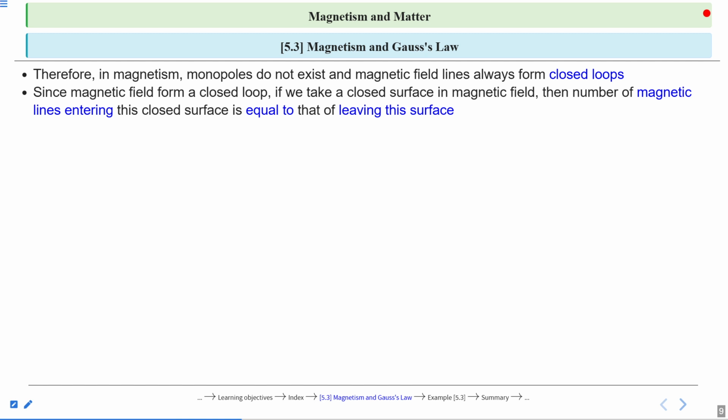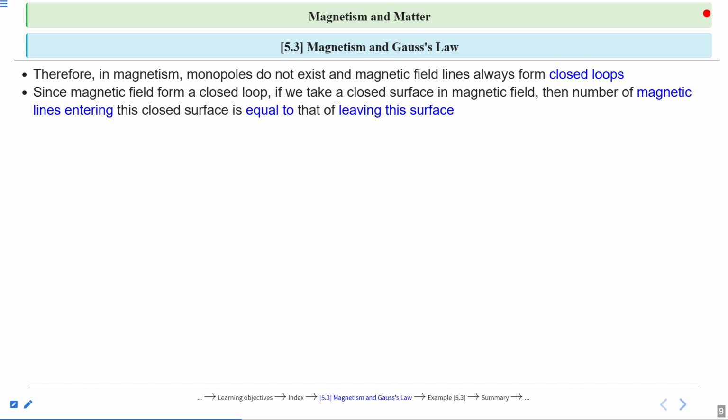Therefore, in magnetism, monopoles do not exist, and magnetic field lines always form closed loops. This is clear: monopoles do not exist and field lines form closed loops. These two concepts are vice versa. We can say magnetic field lines form closed loops, that's why monopoles do not exist.